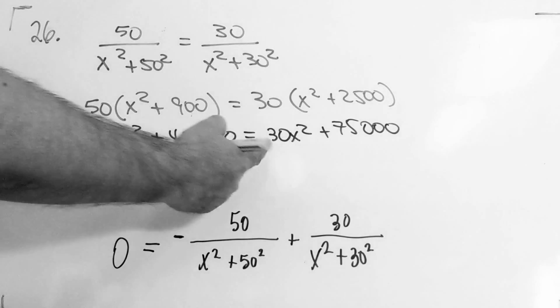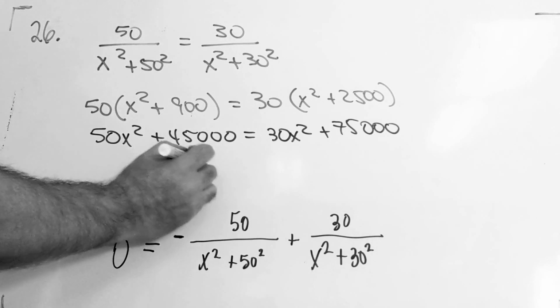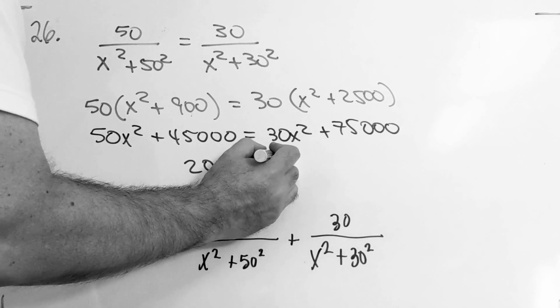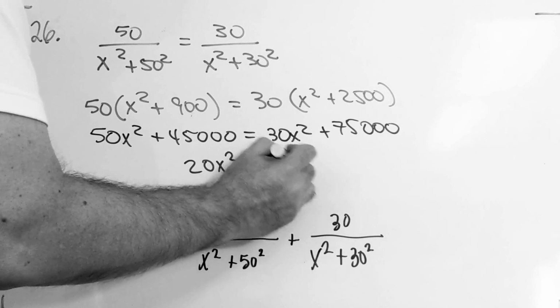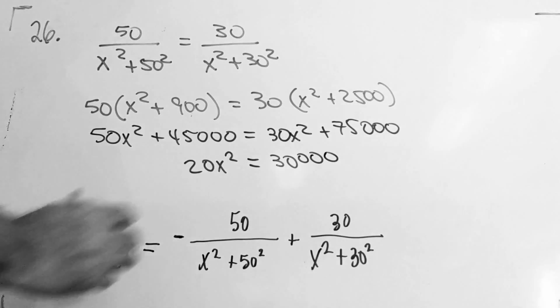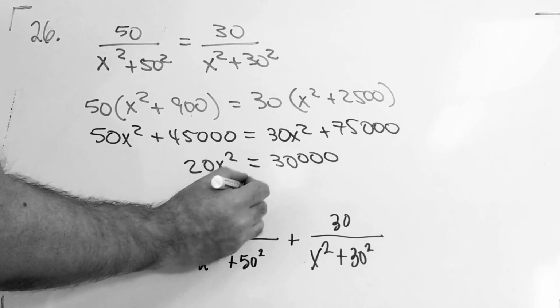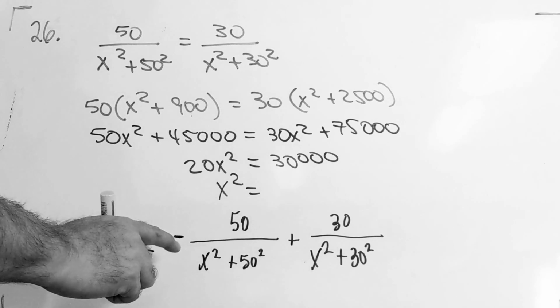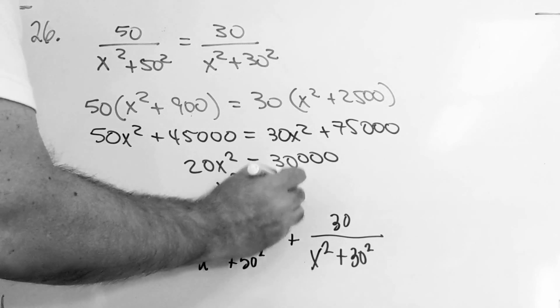Okay, with all the x's on one side, that would be 20x squared equals 30,000, which means x squared equals 30,000 divided by 20, which is 1,500.